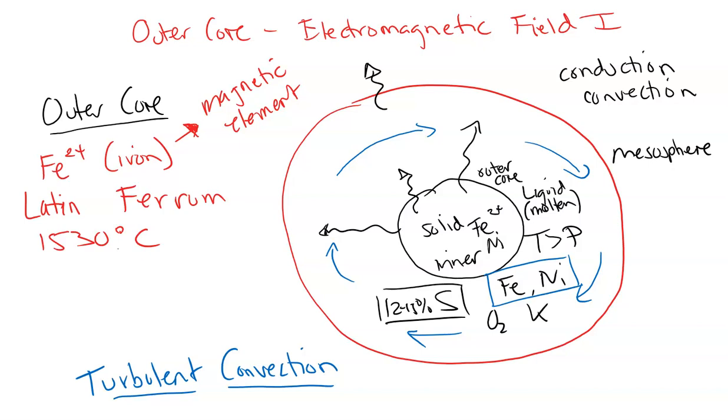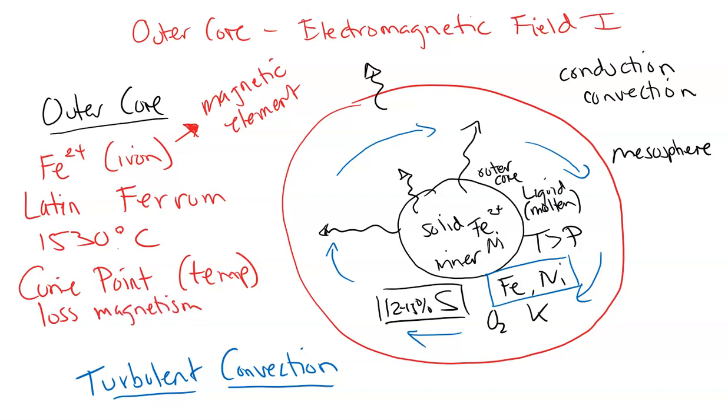However, there is another one, the Curie point, which is the temperature at which these elements lose their naturally characteristic magnetism. For iron, it's 770 degrees Celsius.